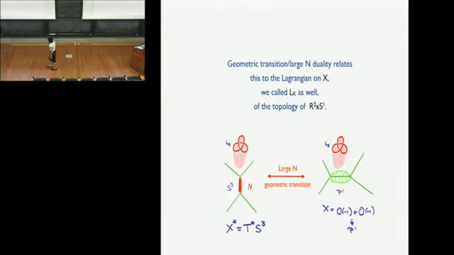And so all of this, as I said before, gets related by a geometric transition, which is now a duality, to studying branes on the conifold with a P1 together with Lagrangians which are conormal to the knot.